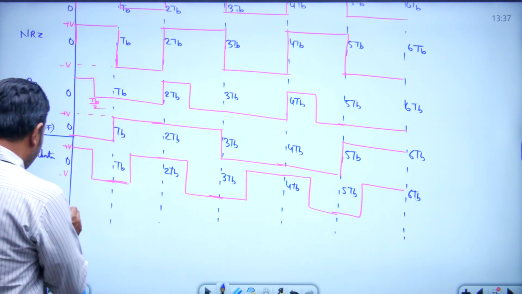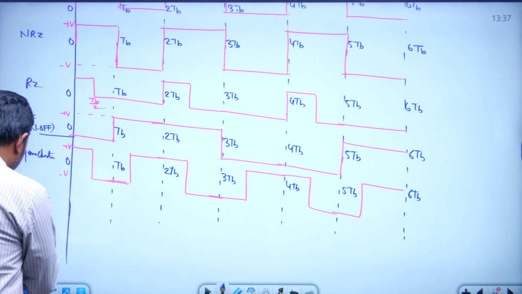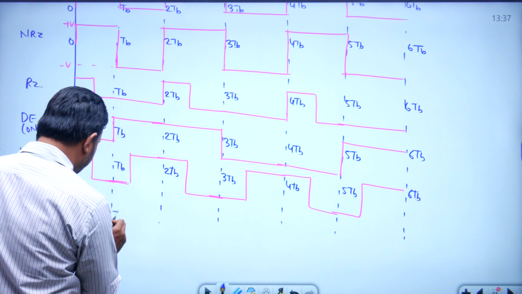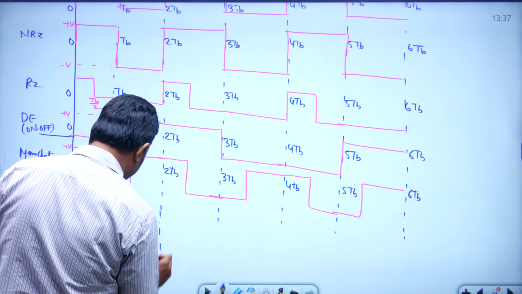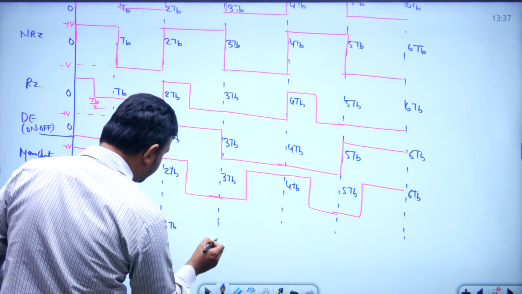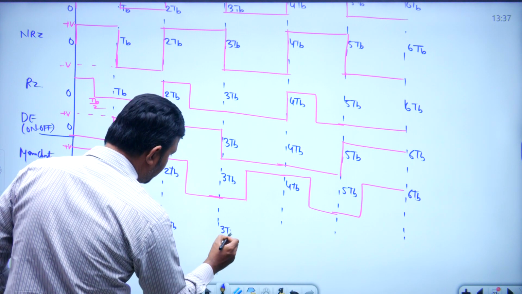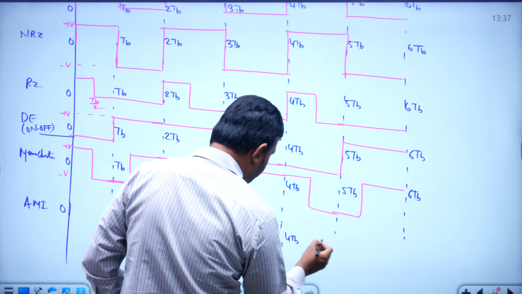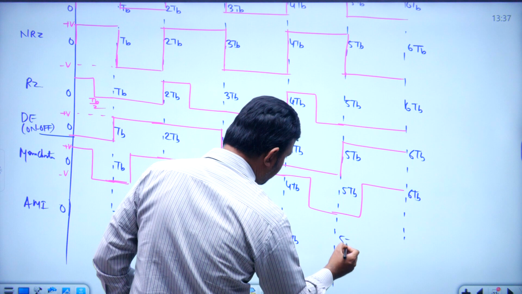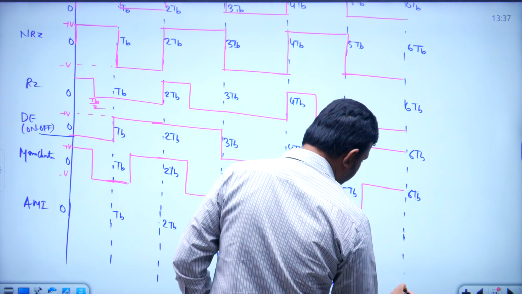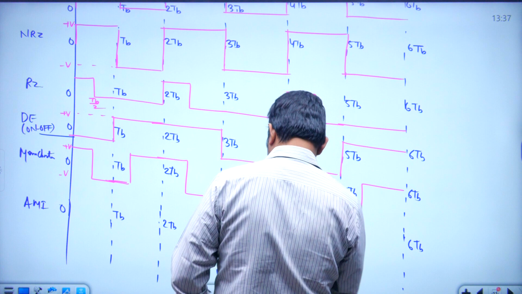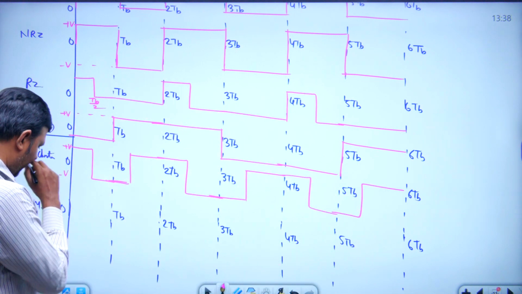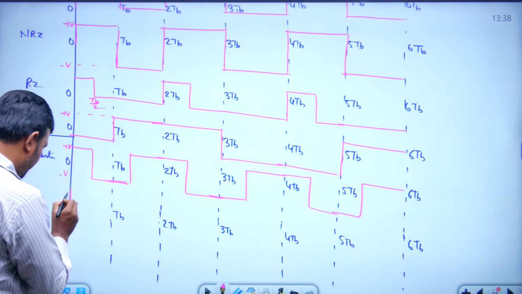Alternate mark inversion. This is 0, TB, 2 TB, 3 TB, 4 TB, 5 TB, 6 TB. Observe here, the first one is 1, so we use this kind of rectangular pulse.